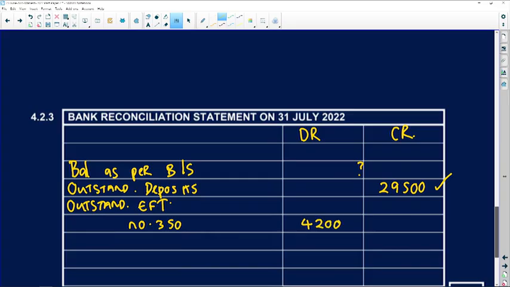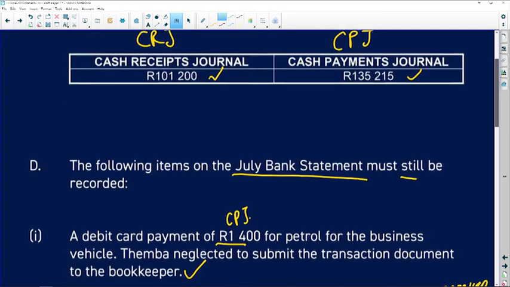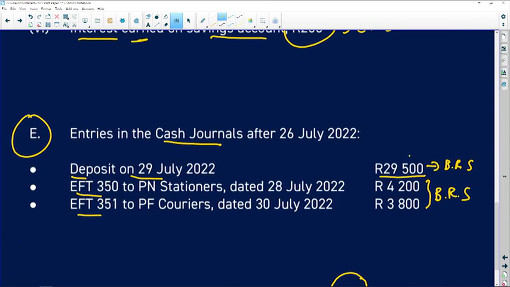Okay, that's going to reduce our bank statement balance 4,200, and the second EFT 351, which was an amount of 3,800. You can double check that in your answer booklet. Okay, right, so EFTs recorded. So let's go back. Okay, let's tick that off because that is now recorded. Okay, so I've recorded the deposit, recorded the EFTs.